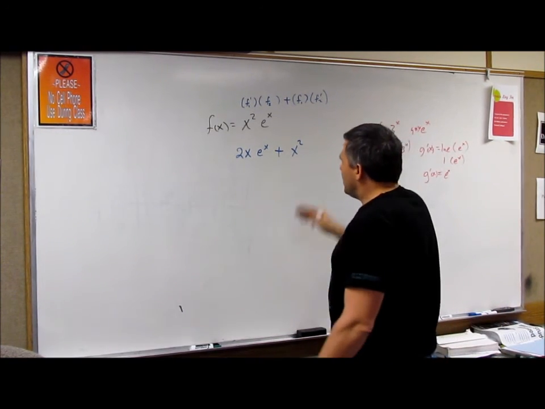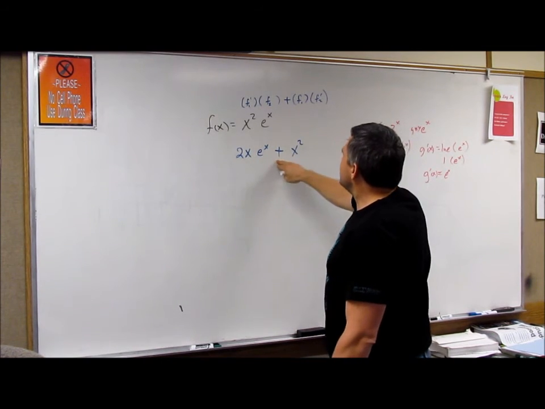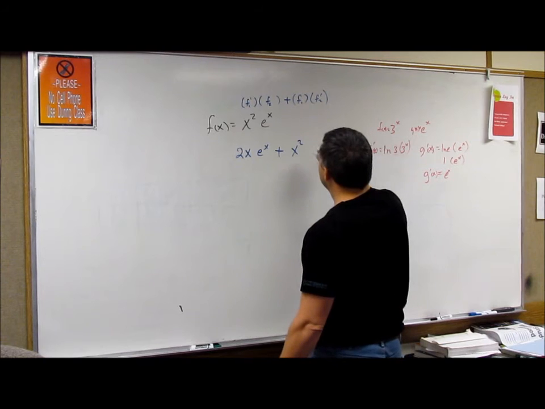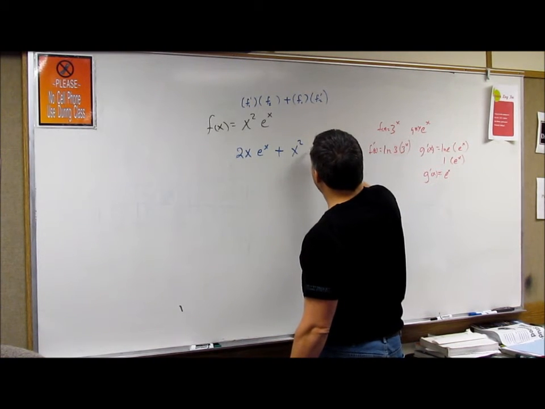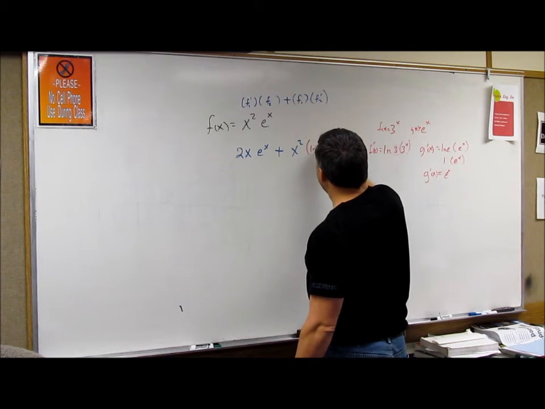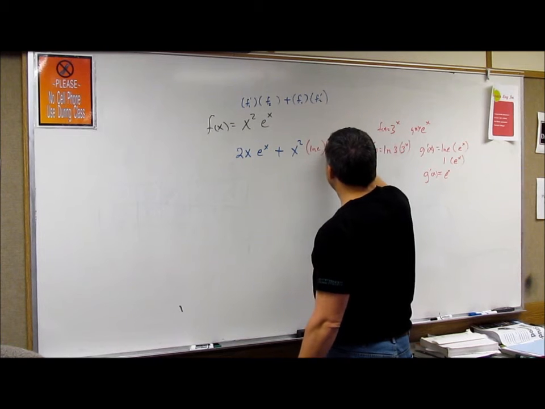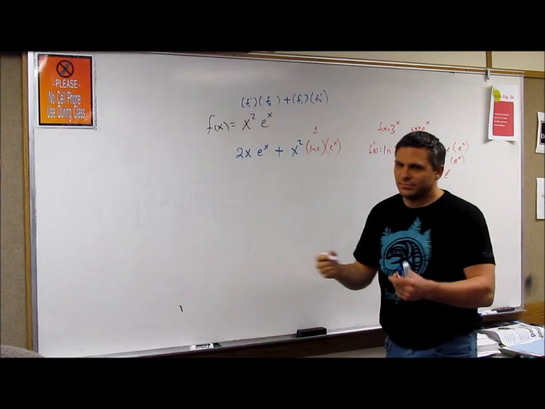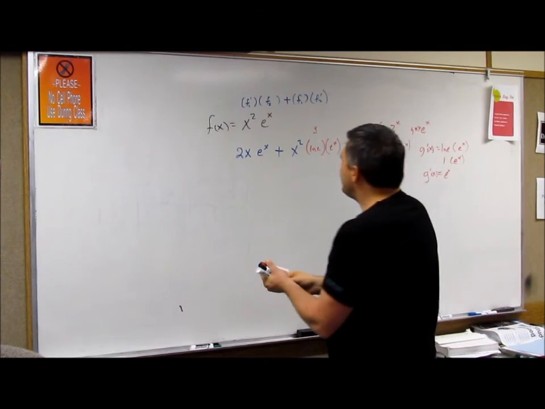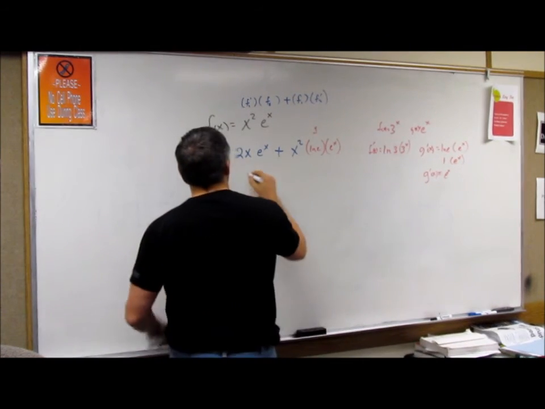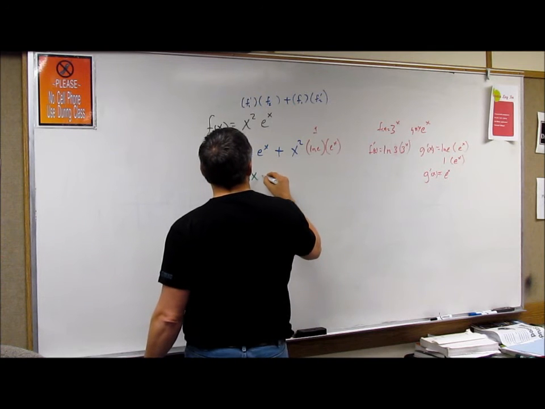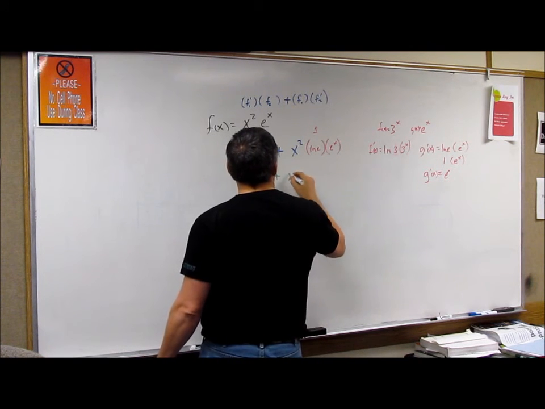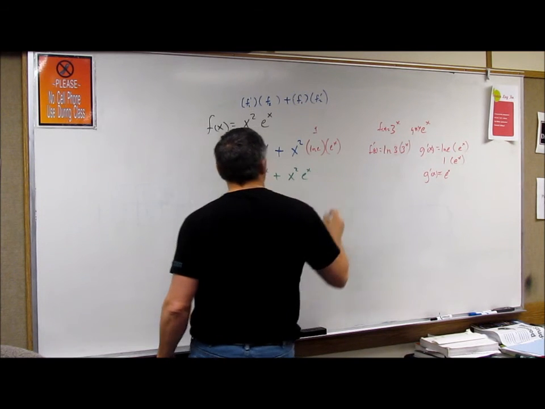Okay? Alright, so we come back to this problem, and we are actually taking the derivative of e to the x, which is actually equal to ln of e times e to the x. But remember, that's just 1. So we rewrite this as 2x e to the x plus x squared e to the x.